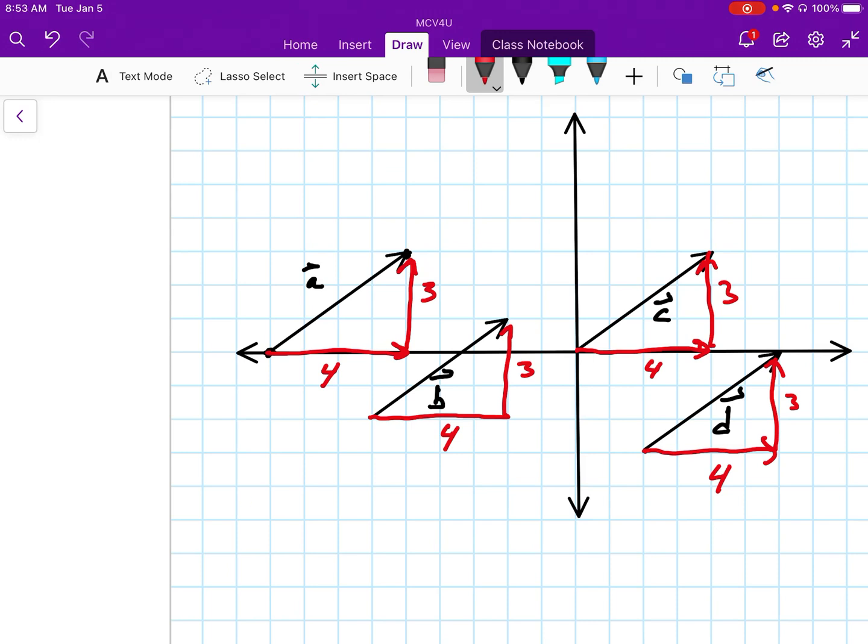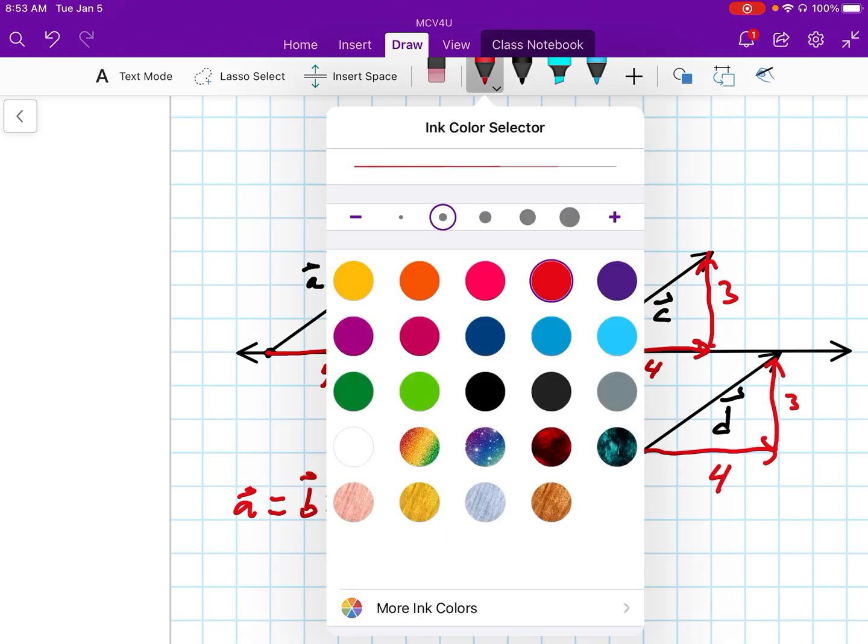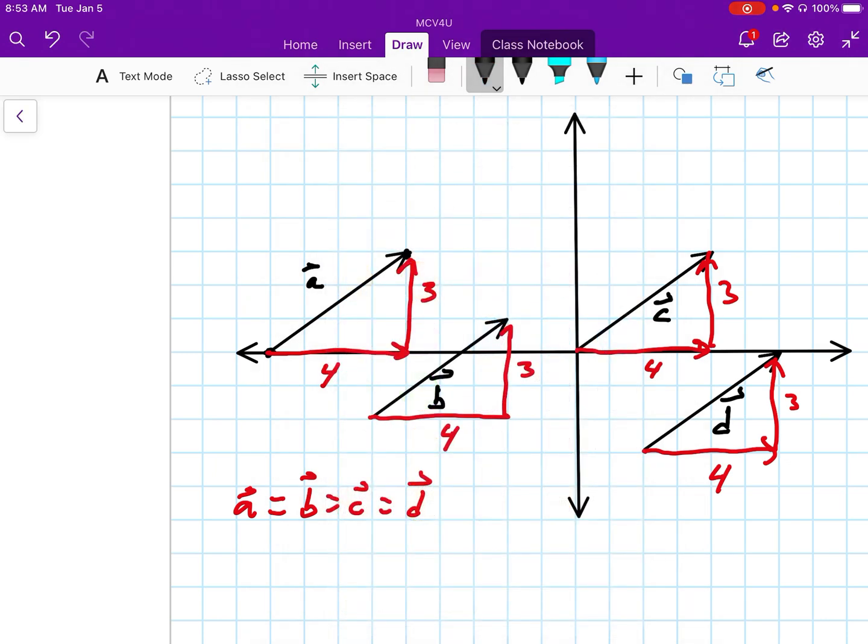The reason why we did this is to show that these are all equal vectors. So vector A is equal to vector B, equal to vector C, equal to vector D. Why are they equal? Because they have the exact same length and the exact same direction.